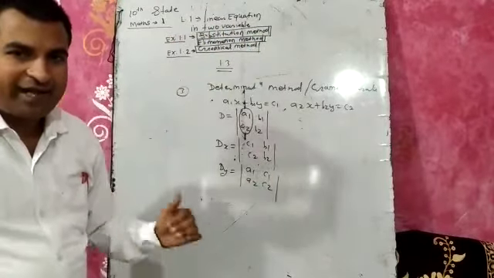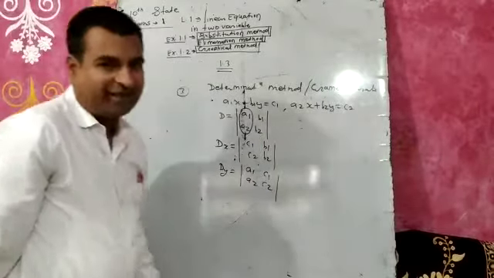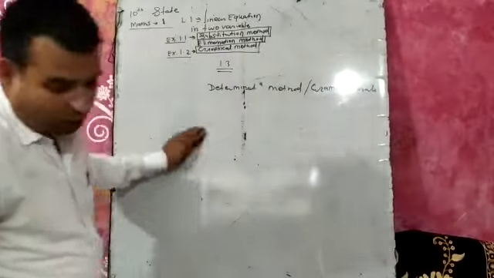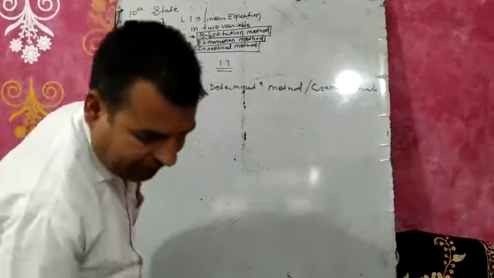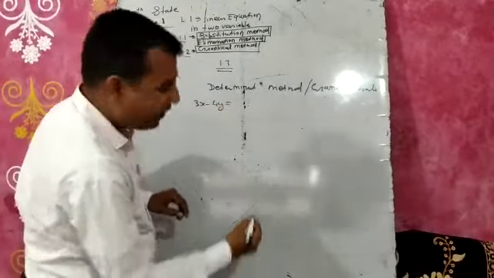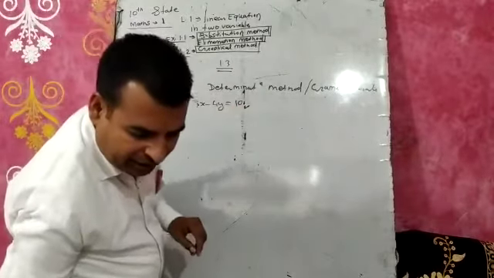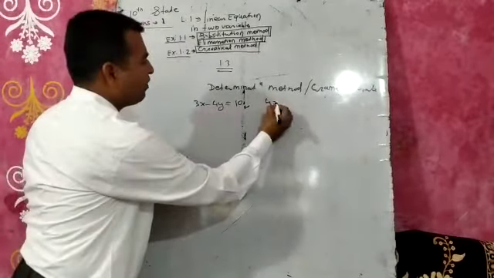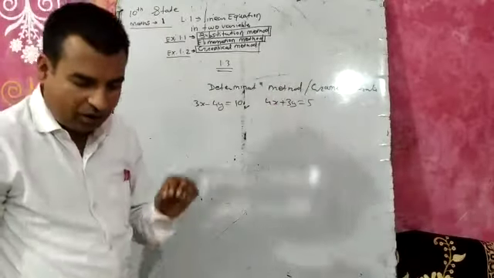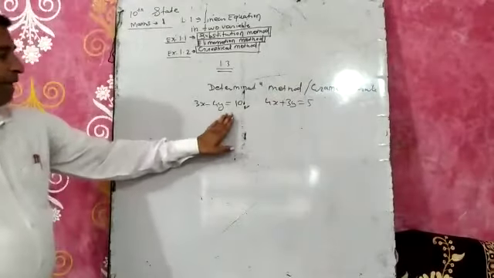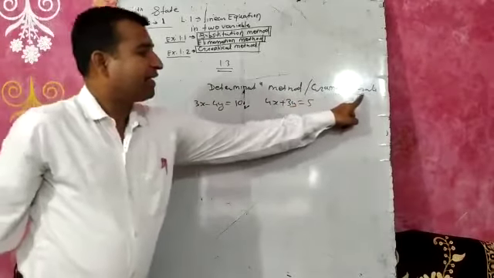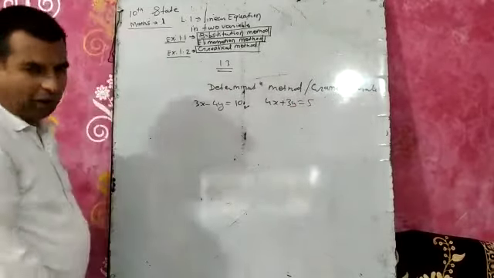Let us start exercise 1.3 third number problem by Cramer's rule. The first problem of the third: 3x minus 4y equal to 10 and 4x plus 3y equal to 5. These two simultaneous equations given, we solve by Cramer's rule. How to solve?